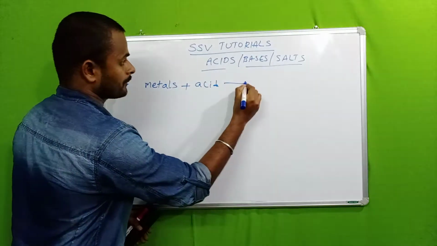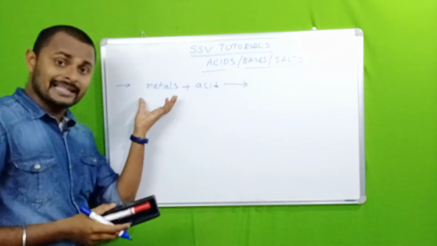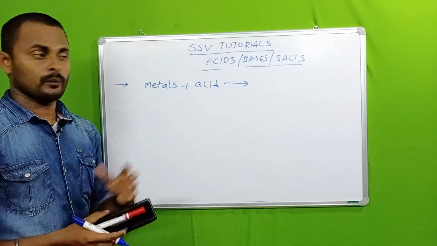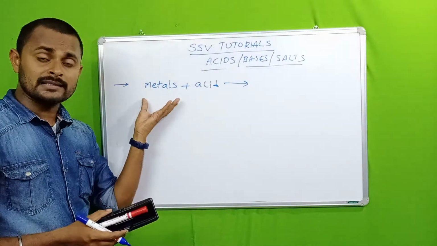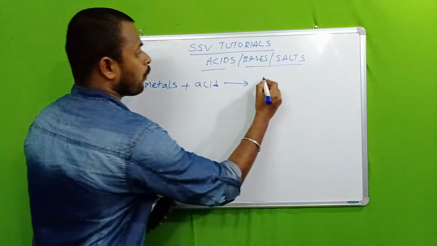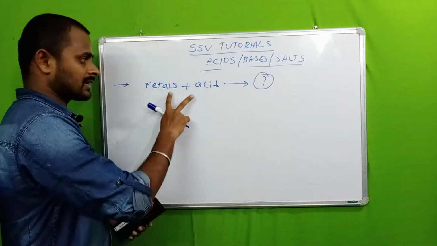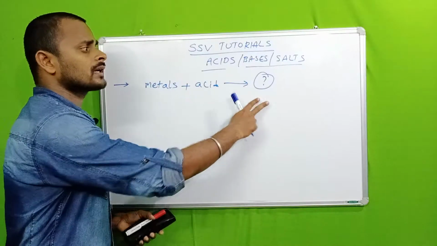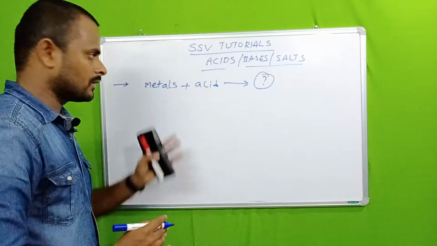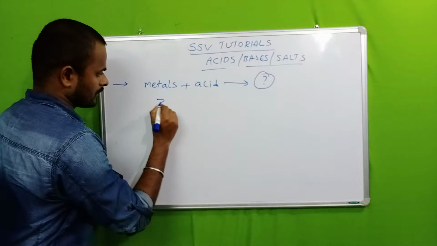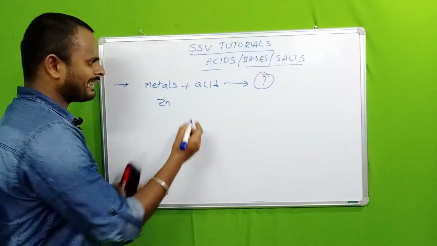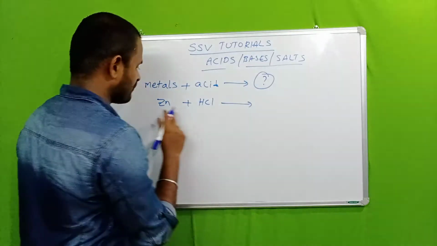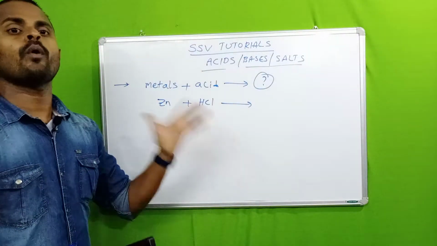When an acid reacts with metals, what happens? What are the products formed? These are the reactants, and by their action what products are formed? For example, take a metal, zinc, and an acid, for example hydrochloric acid. By the action of zinc and hydrochloric acid, what happens?